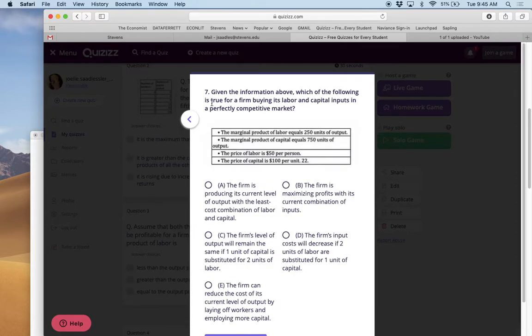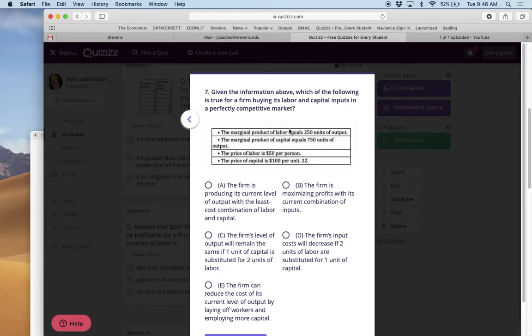Last question. Given the information above, which of the following is true for a firm buying its labor and capital inputs in a perfectly competitive market? So what's the rules? Here you're being told marginal product of labor is $2.50, price of labor is $50, marginal product of capital is $7.50, price of capital is $100 per unit. So let's see.